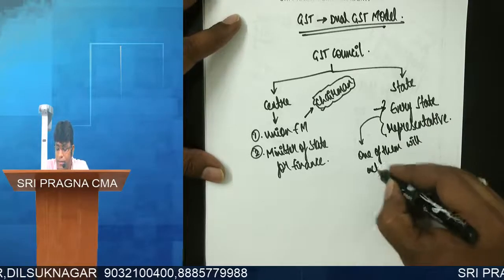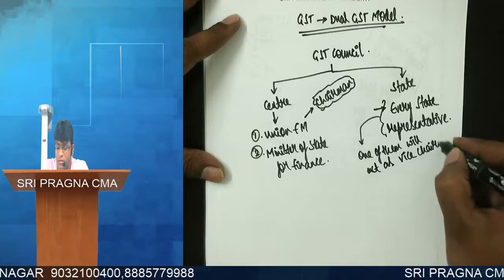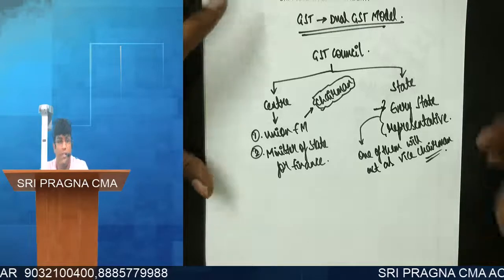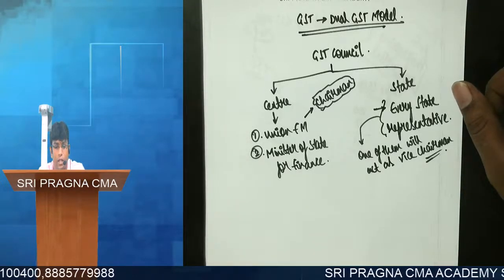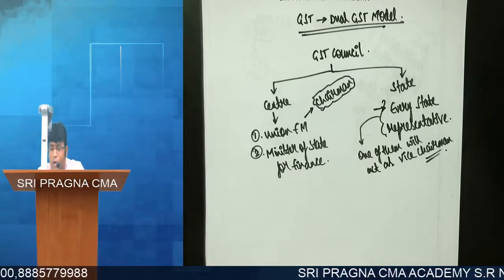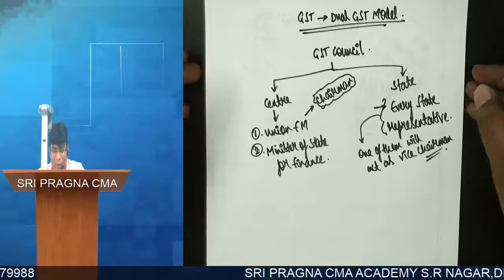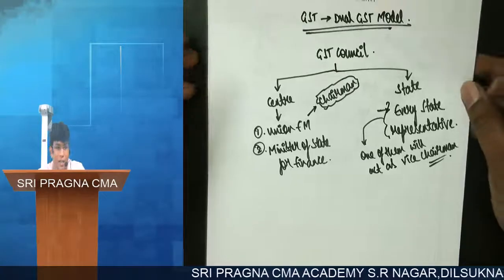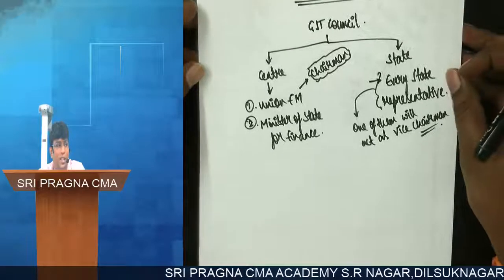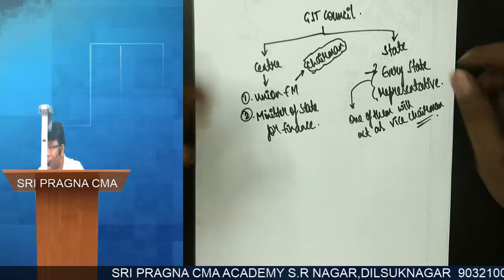One of them will act as vice chairman. Come on, friends. Who is the chairman of the GST Council? Union Finance Minister. And who will act as vice chairman? One of the state representatives will act as vice chairman. So how? All the states together will decide which person will act as vice chairman. As simple as that.